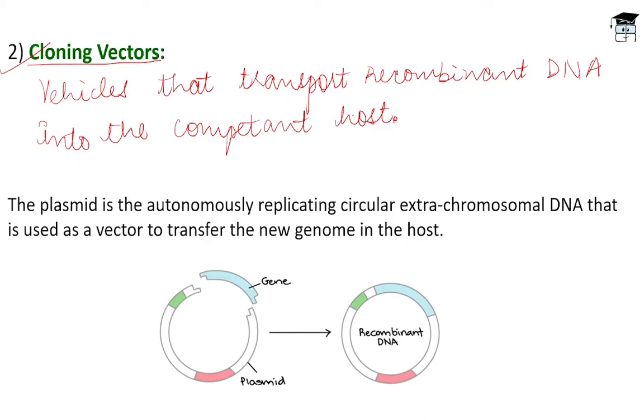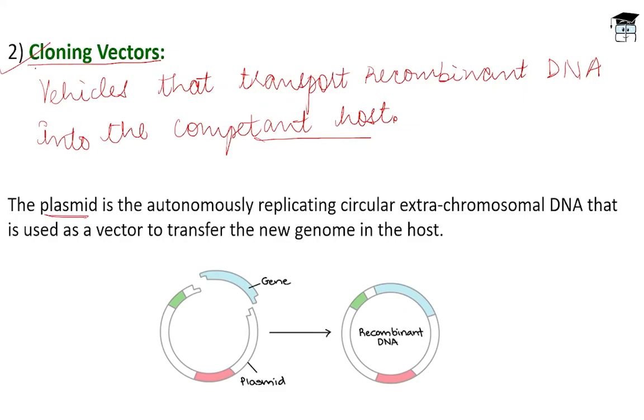But how do they do that? These cloning vectors add the desired gene into their own genetic material and then transfer the new DNA into the competent host. Clear? Now, the plasmid is a cloning vector.